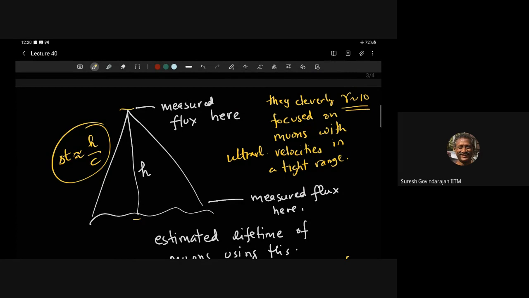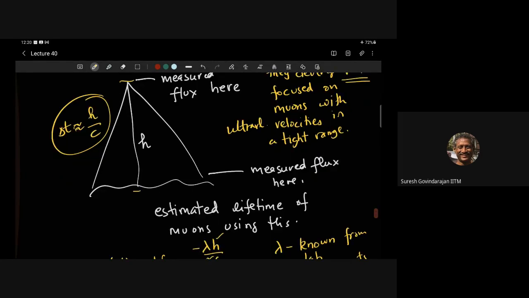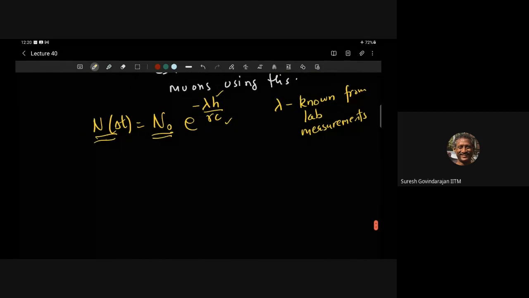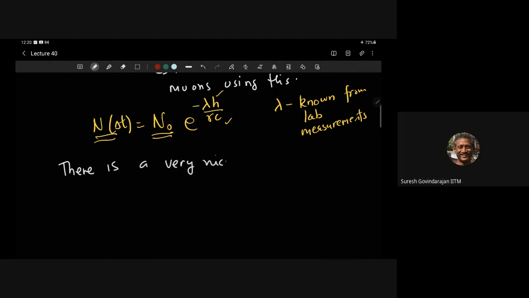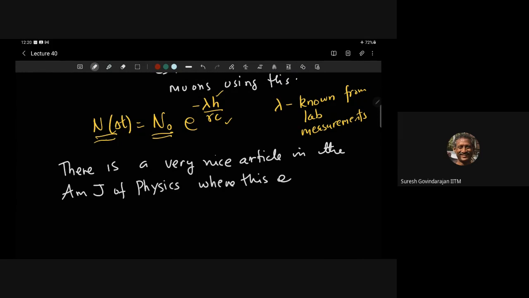Okay. So they actually did this thing, and there is a very nice article in the American Journal of Physics where this experiment is explained in detail.